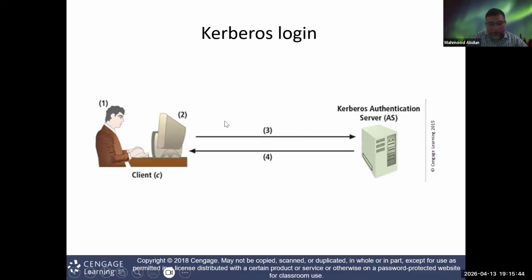Here, as you can see, a client is trying to authenticate to a system of services. They first connect to the Kerberos authentication server. The Kerberos authentication server looks at the username and password, authenticates, and then provides a ticket, just like a session ID.